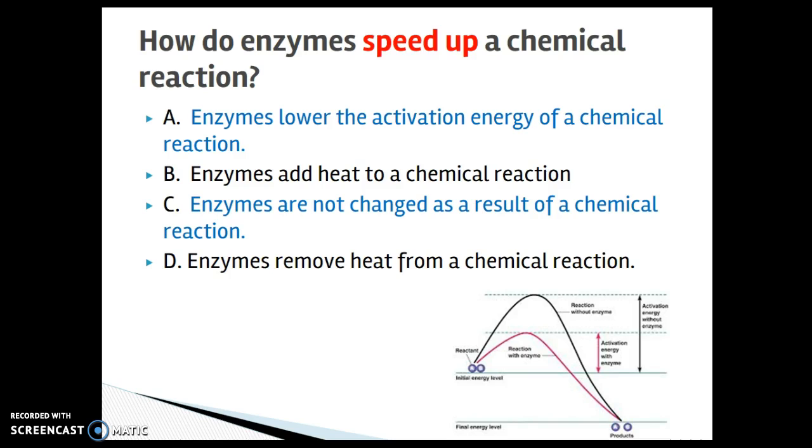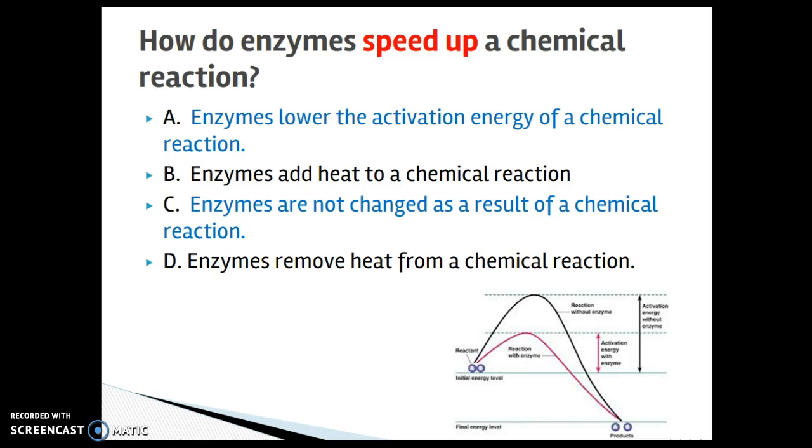Now, if I look at those two and I look at the question, it asks how enzymes speed up a chemical reaction. Let's look at C. Enzymes are not changed as a result of a chemical reaction. While that is true, it does not answer the question of how enzymes speed up a chemical reaction.